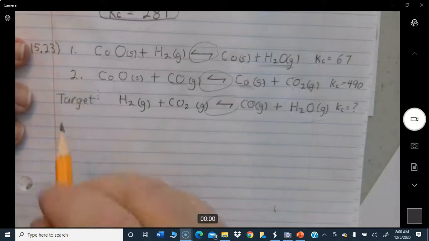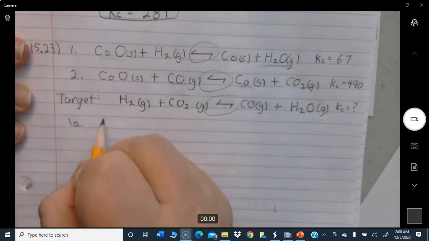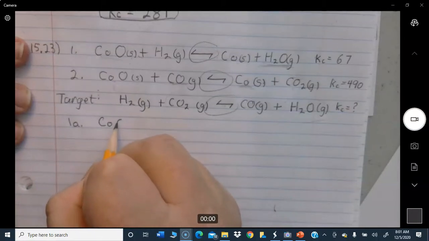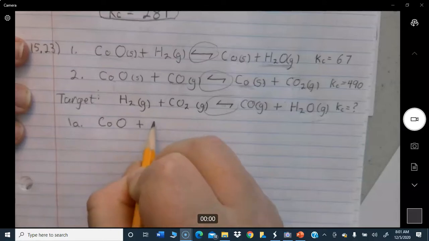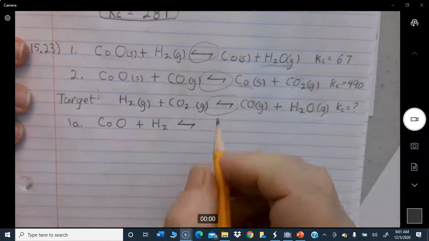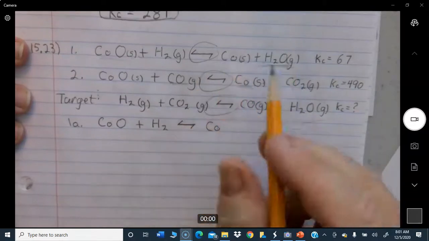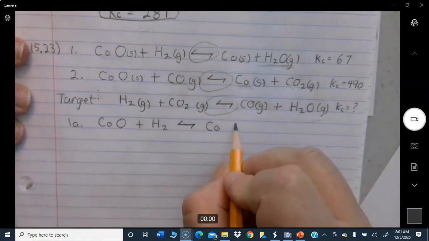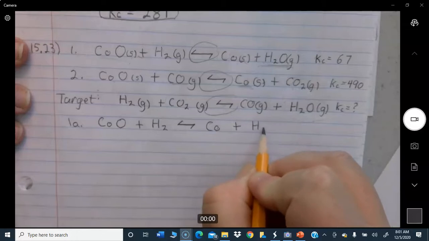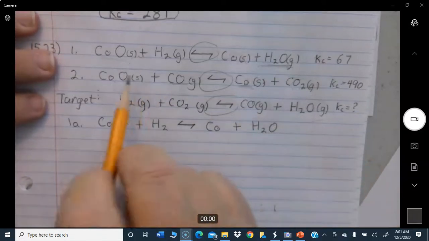So I'm going to go ahead and write the first equation anyway, just to keep them together. I generally do that. It takes a little time, but I'm in no hurry. Okay, there's my double arrow. Since we're really not writing the law of mass action, the states don't really come into play, so I'm just going to omit them just to save a little time and space. Okay, so that's equation number 1.